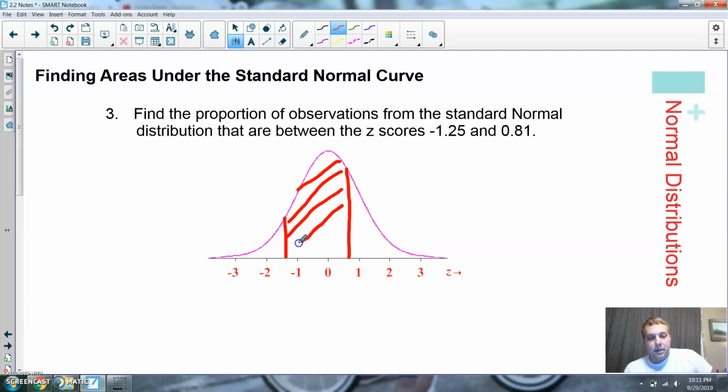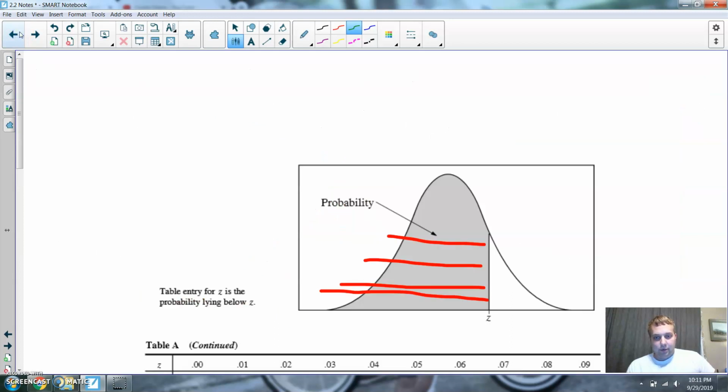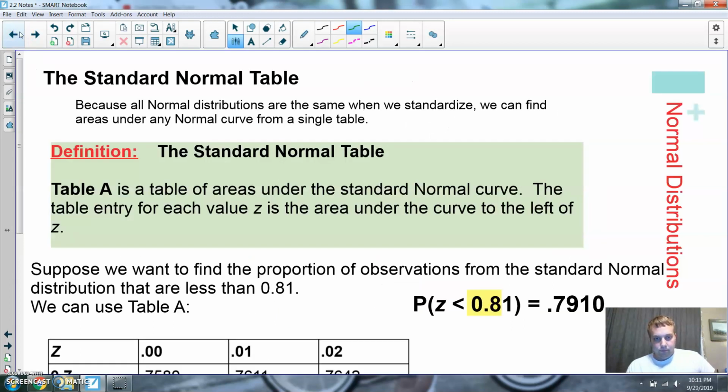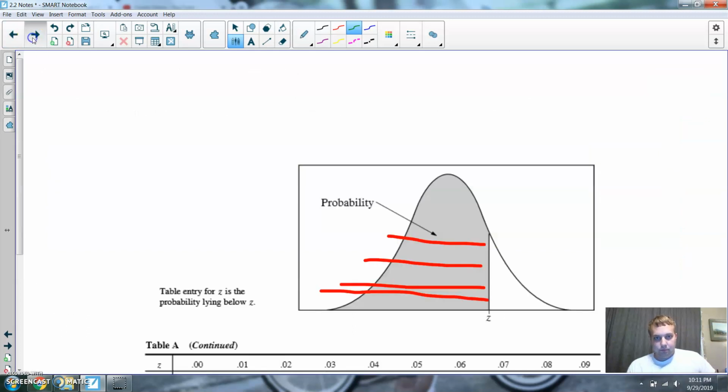Here's the cool part, guys. I actually want to find the z-score 0.81. If I look at the highest mark, I can't remember that for the life of me. 0.81. That was the first one we did, right? 0.791.